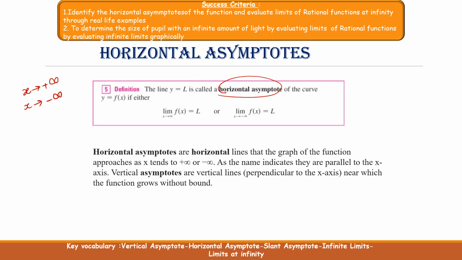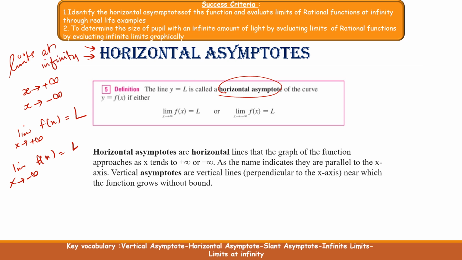So if I write limit as x approaches positive or negative infinity of a function equals some number, it is used to express the horizontal asymptote.